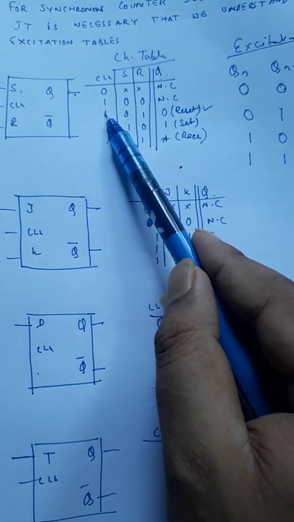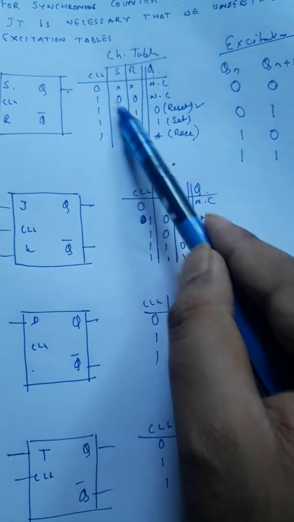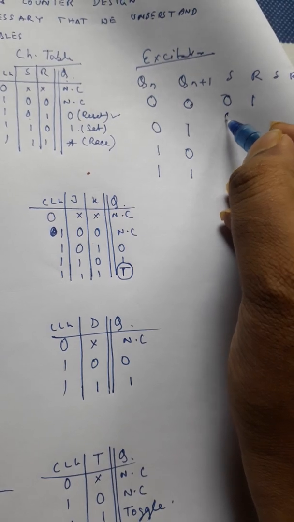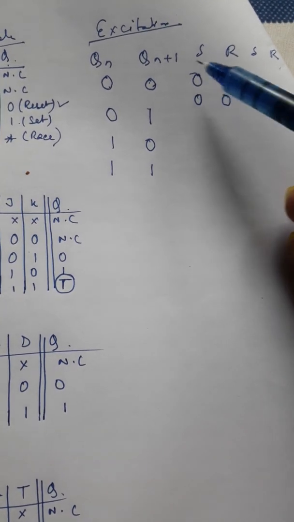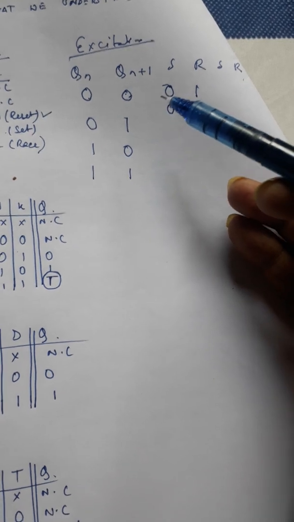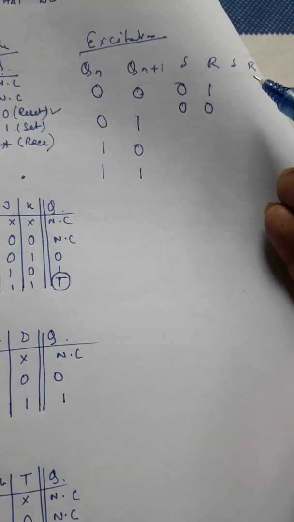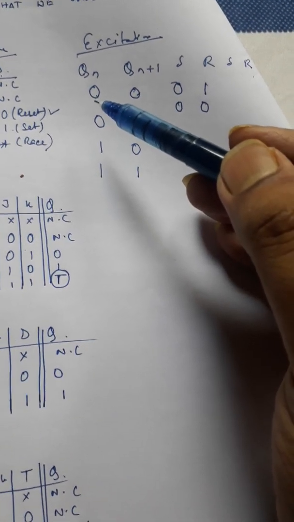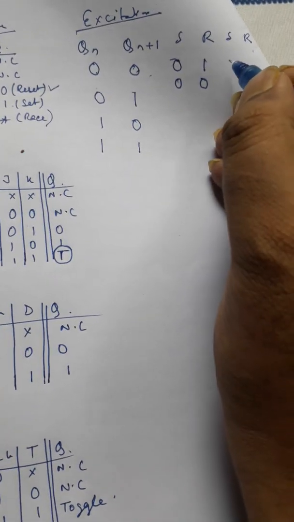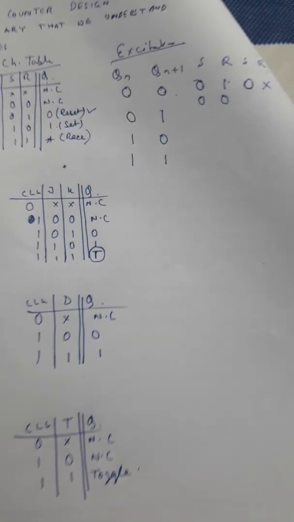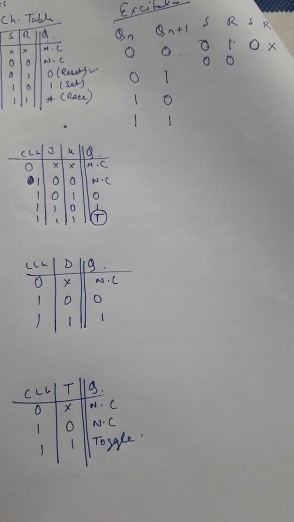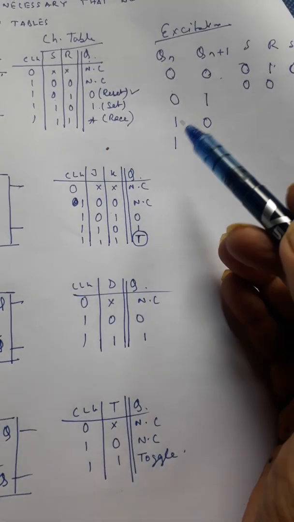And in presence of clock, no change is possible when both S and R are 0. So with either S0 R1 or S0 R0, the output may change from 0 to 0. So S will remain 0, and R can be either 0 or 1, right?